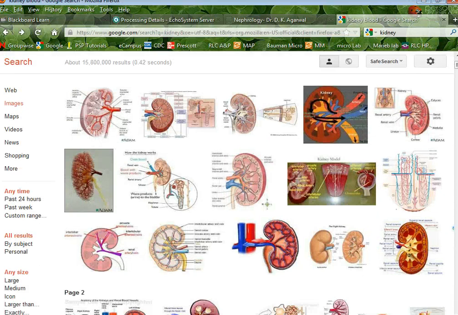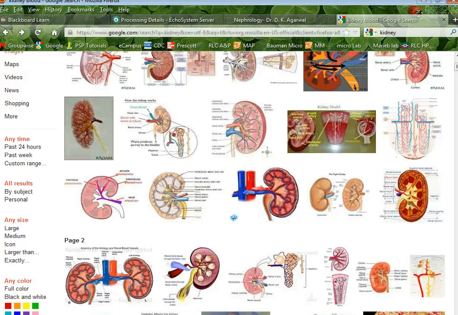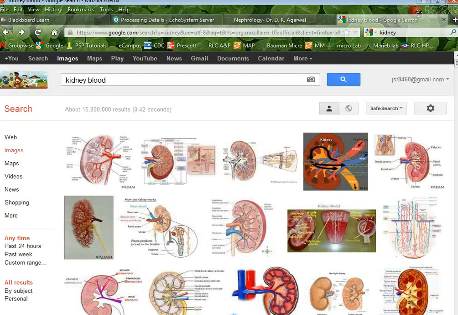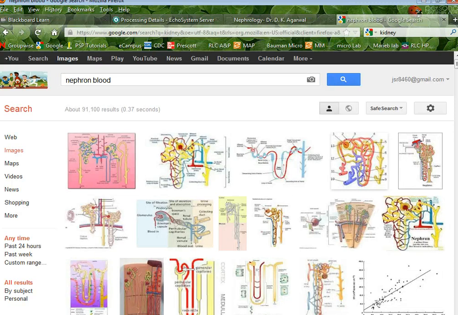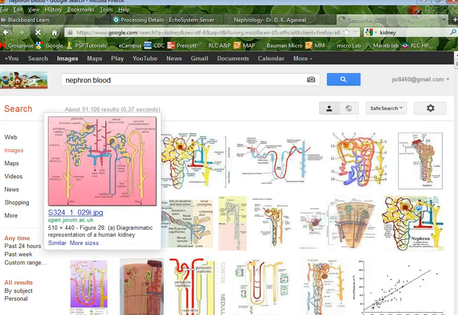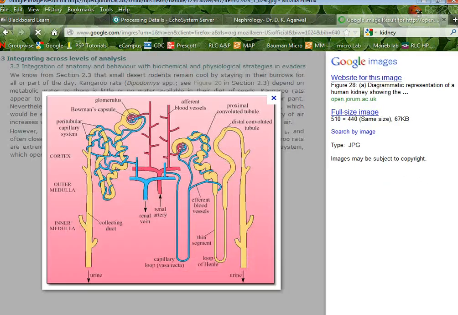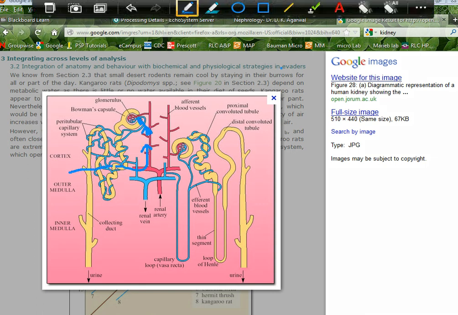How about putting in a different search? Okay, let's try this one. Now you're looking at the nephrons.